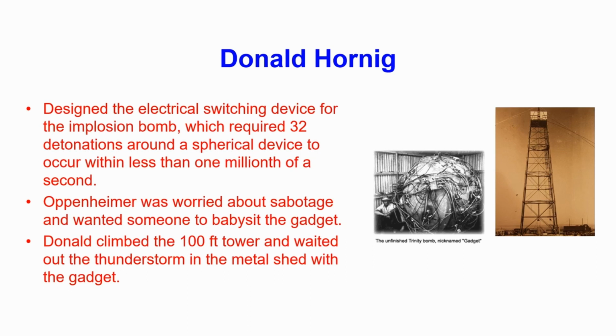outside, and Oppenheimer wanted someone to babysit the bomb. No one stepped forward, but Donald figured he was the smallest and also the youngest person in the group, so he got to climb the 100-foot tower and sit in the metal aluminum box up there during the thunderstorm.